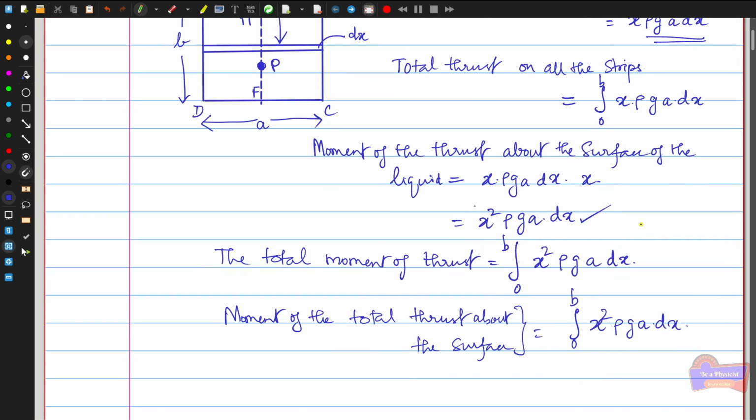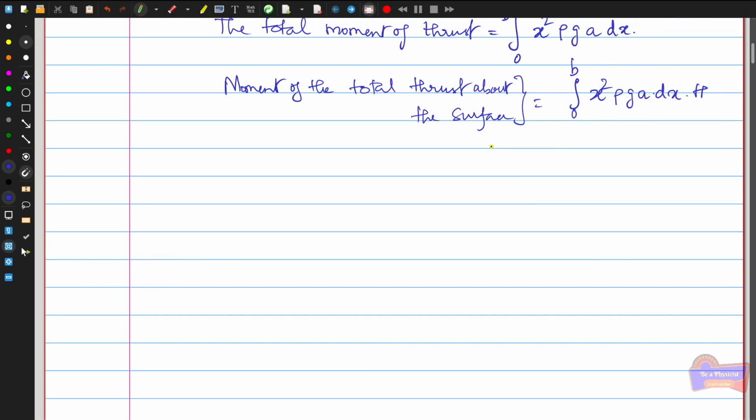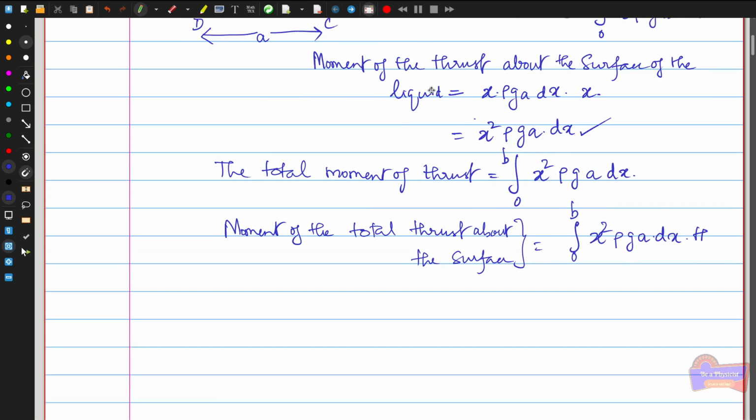So I can just write it as h, where h is the depth of the center of pressure below the water surface.